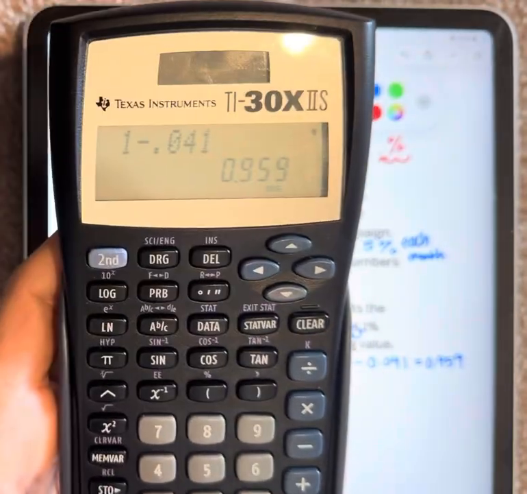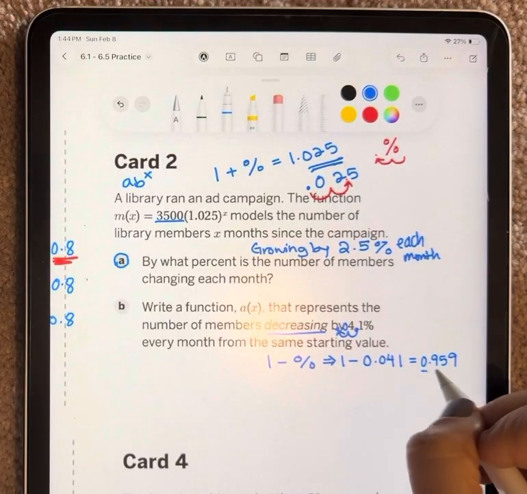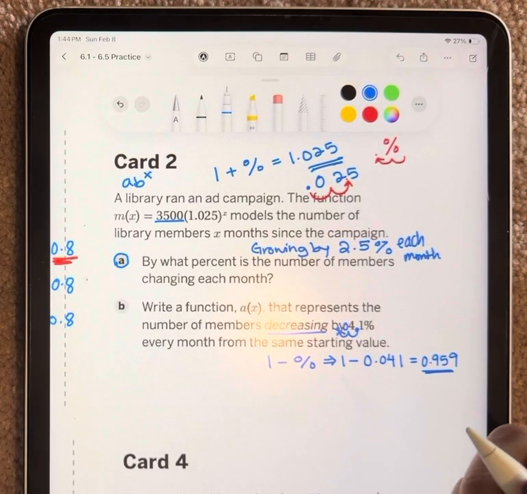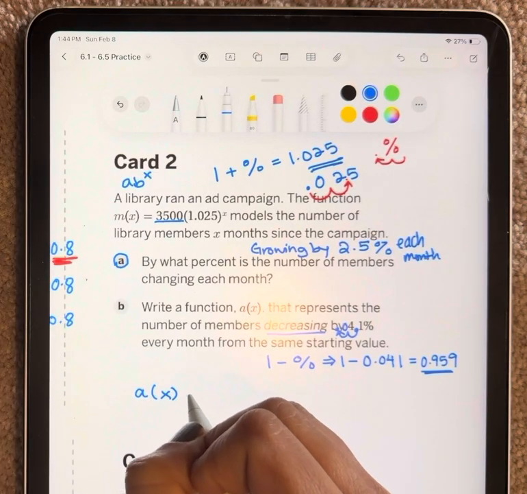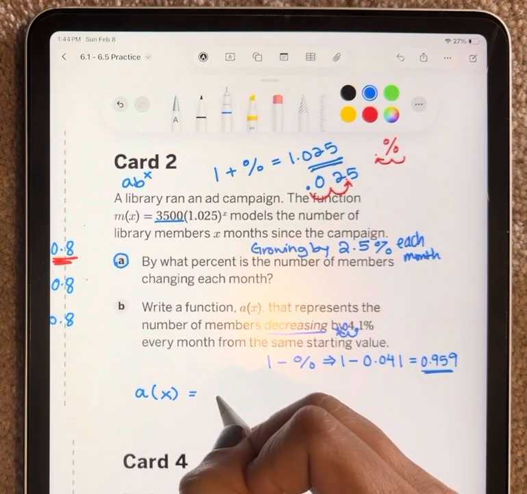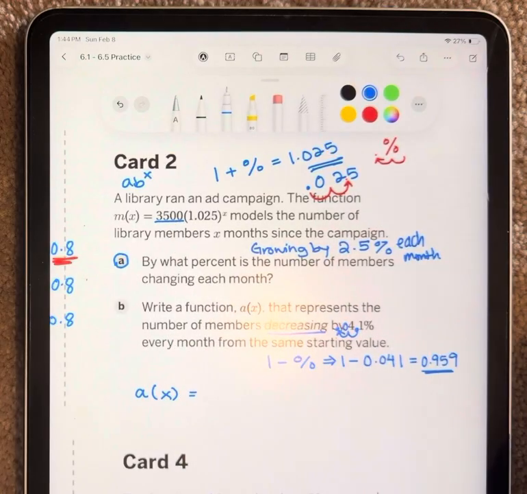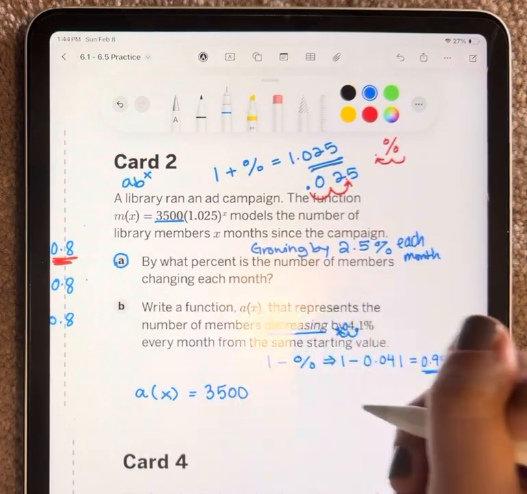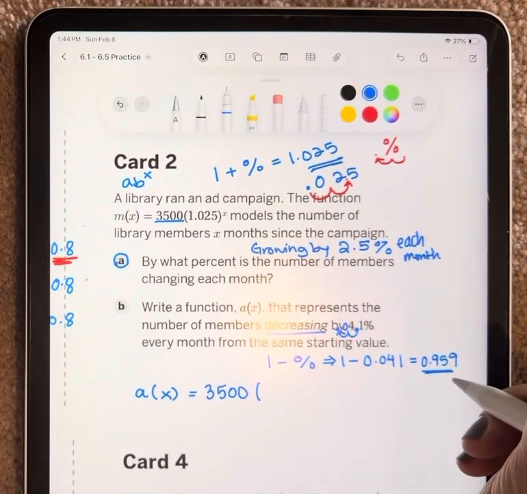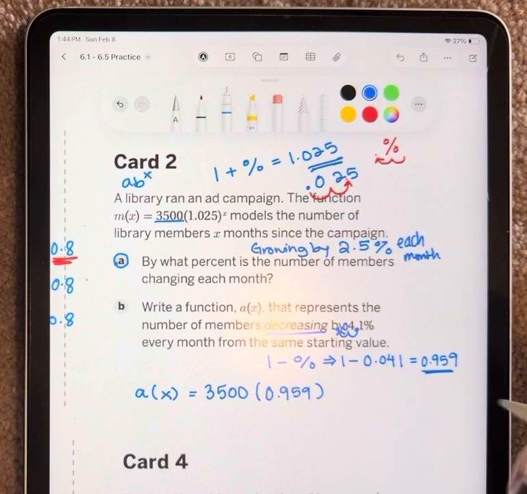Okay, I just thought I'd double check before I went live with this one. That is the new b value. So we have y, which is a of x, equals a, which is our starting amount, which will be the same as before, I assume, times b, which is our decreasing, so it's less than 1 rate, to the x.